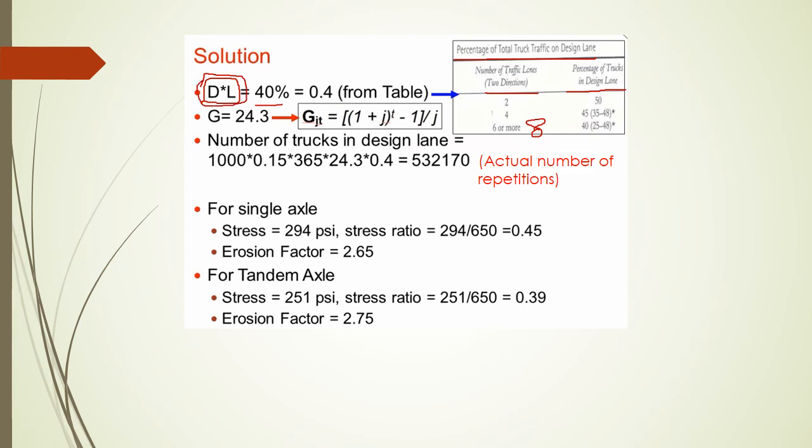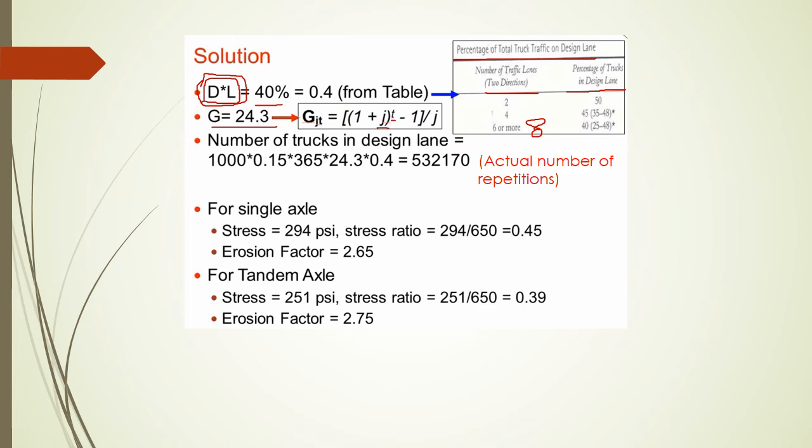So the directional distribution factor multiplied by the lane factor here is 40%. The growth factor to obtain the traffic in the future is equal to 1 plus g to the power of the number of years, minus 1, over the growth percent. It will be 24.3.